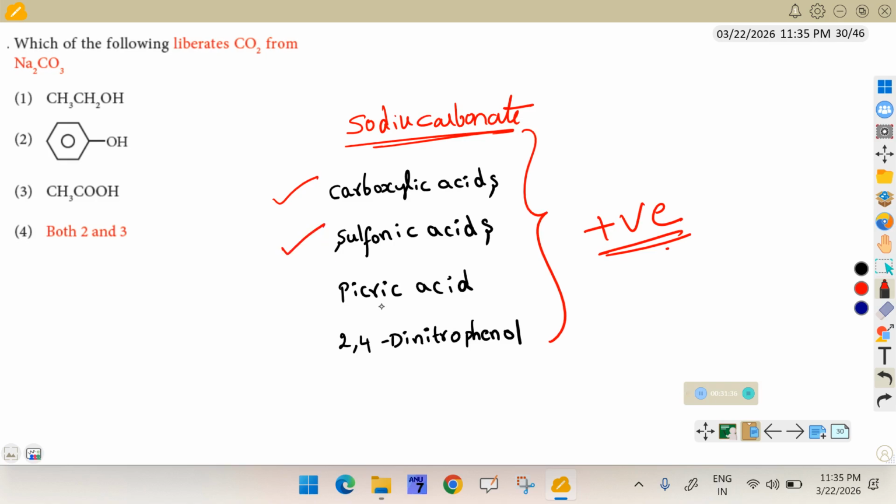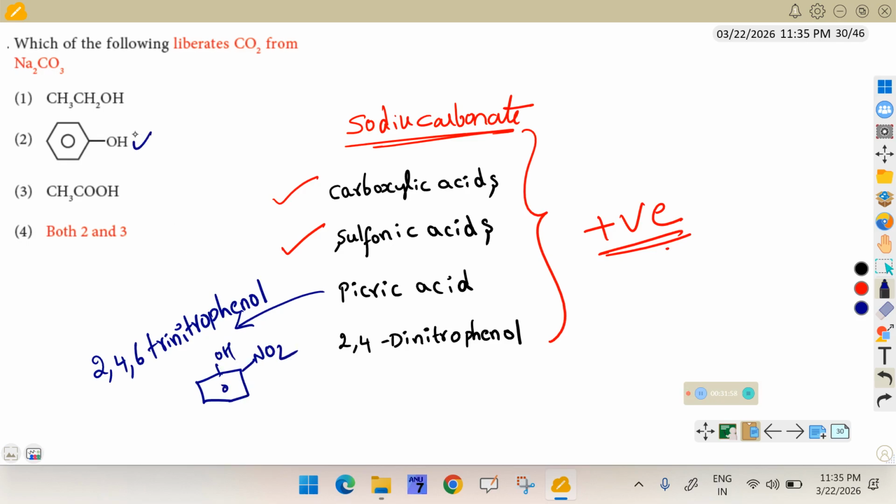Sulfonic acids give a positive test. Even picric acid, 2,4,6-trinitrophenol, also gives a positive test because it is more acidic. Trinitrophenol's functional group is phenol. Phenols do not give it, but 2,4,6-trinitrophenol gives a positive sodium carbonate test.